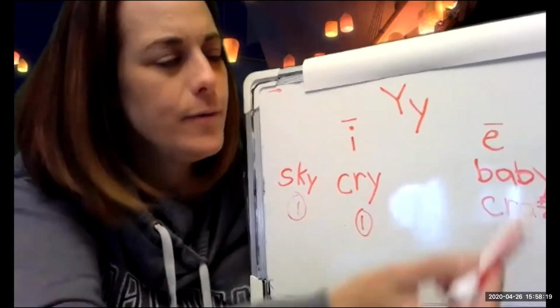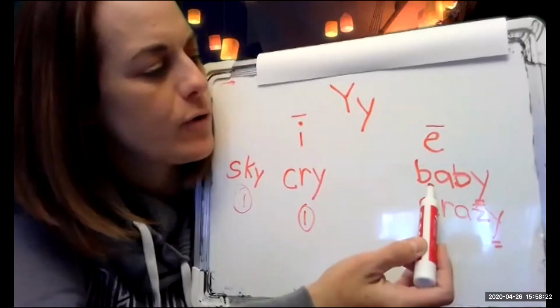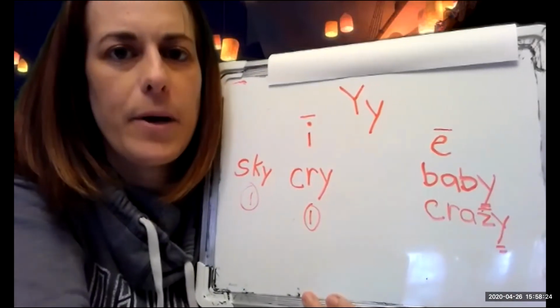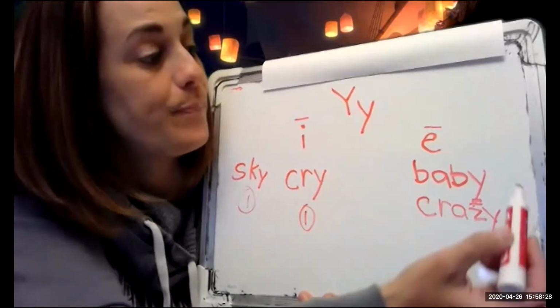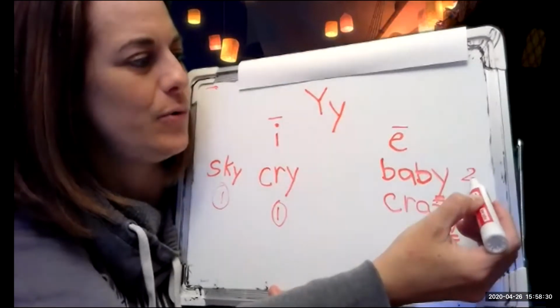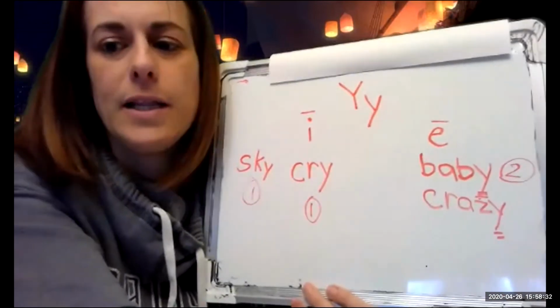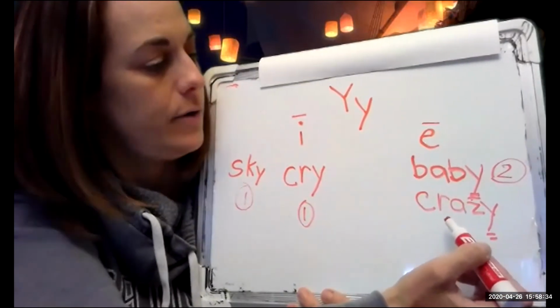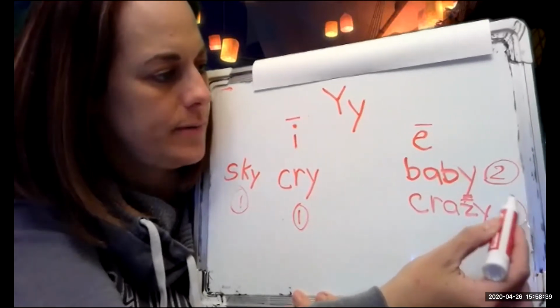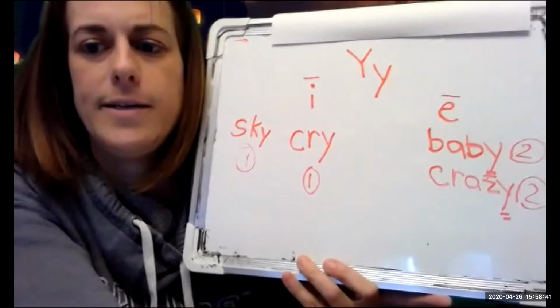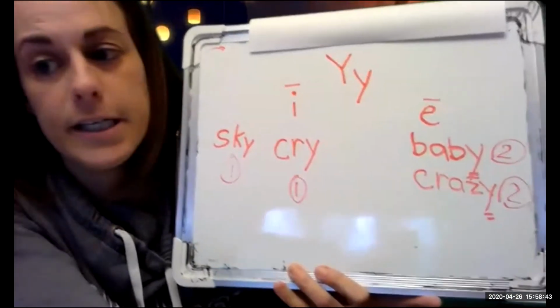Now let's go over to the E side. First word was baby. Go ahead and clap out baby. Clap the parts, clap the syllables. Baby. 2 syllables. Let's try the next one. Crazy. Crazy. 2 syllables. I see a pattern.